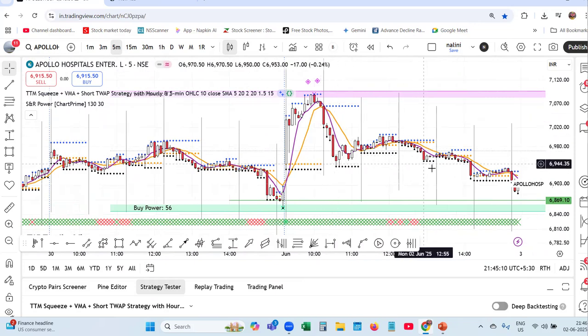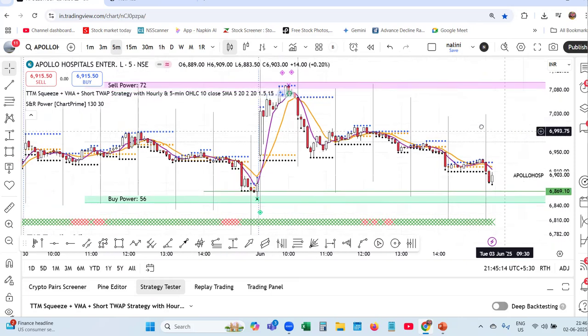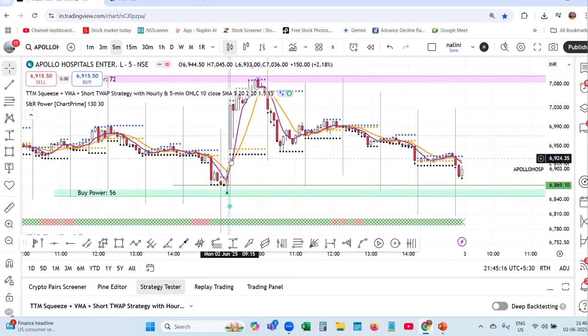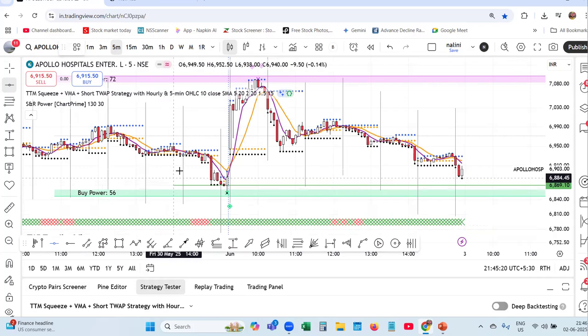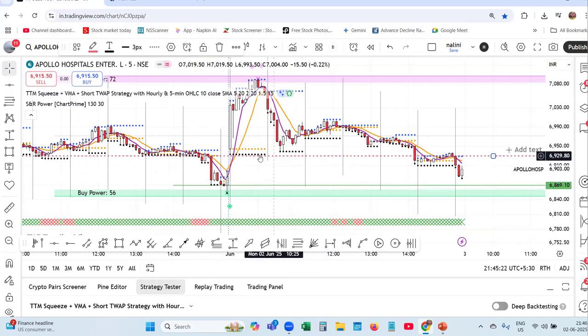Through the time cycle, with slow movement, Apollo Hospital came down below, you can see over here, I'm plotting here, below the opening price of the first hour. And from where the squeeze has released, it has come down. Let me zoom it out.